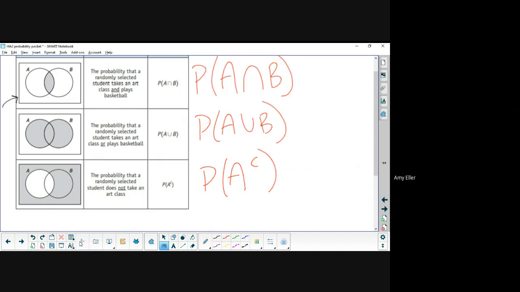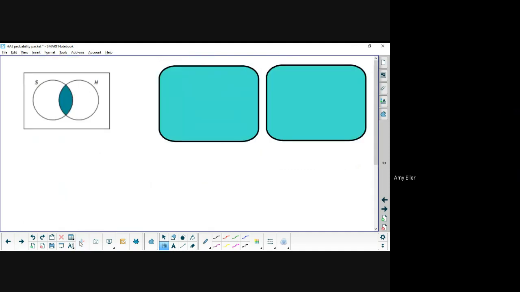For this next one, what I want you to do is you're going to write, maybe not a full sentence, but a little blurb about what this means. I will tell you S stands for a soccer player. H stands for you're on the honor roll. Write down what this picture means.